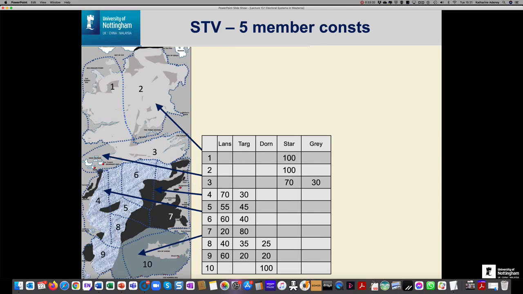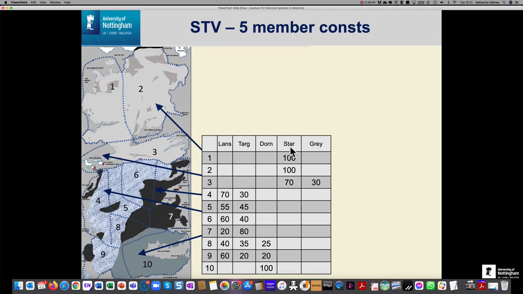So all you need is 20% of the votes plus 1 to be elected as a member of that constituency. This means that you're much more likely to see minority candidates being elected because they're going to be much more able to achieve 20% plus 1 than they would be to achieve a plurality or a majority of the votes.